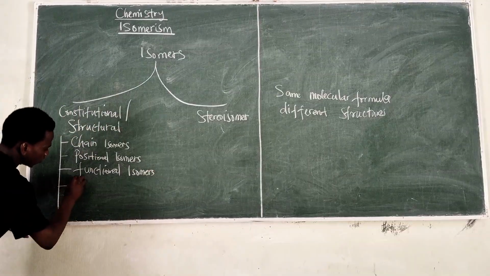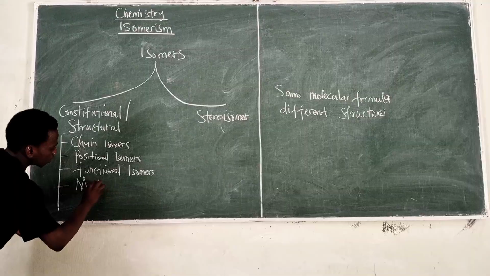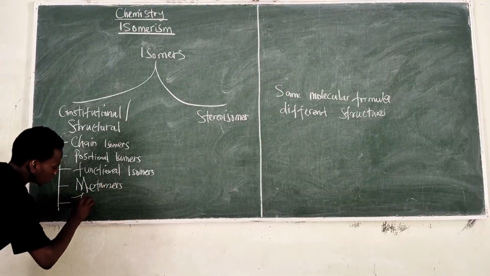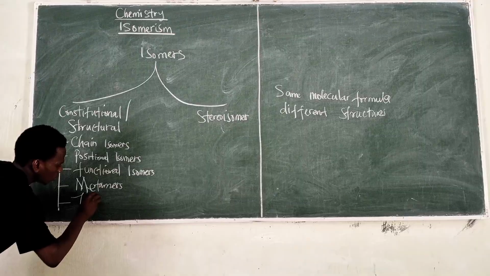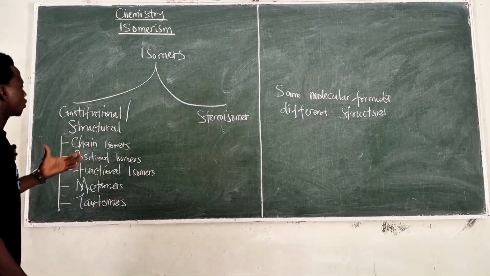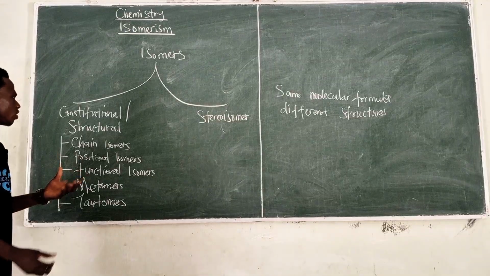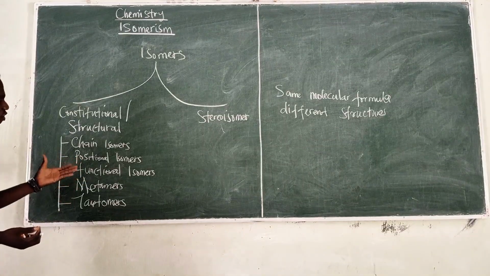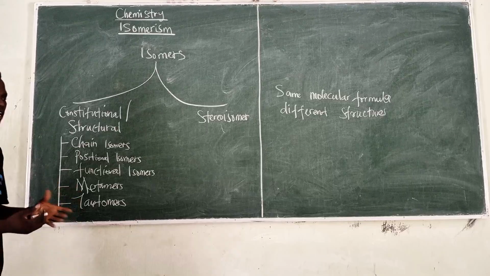We also have metamers. And then lastly, we have tautomers. Constitutional isomer is divided into chain isomers, positional isomers, functional isomers, metamers, and tautomers.